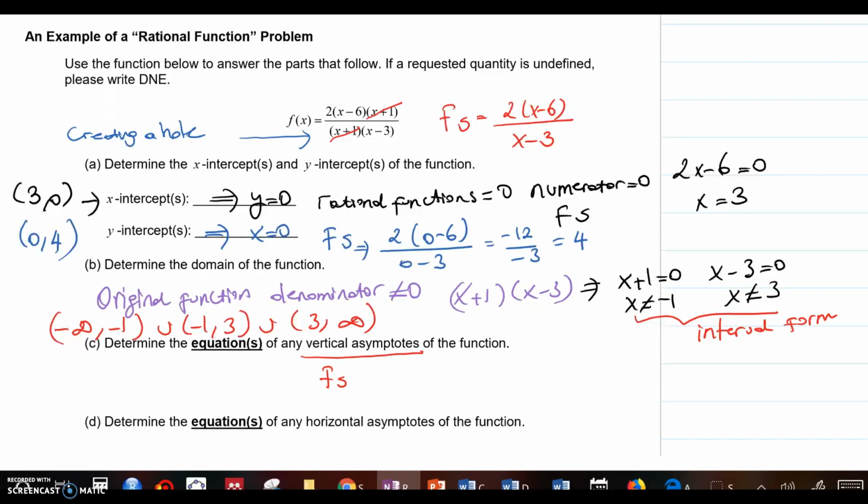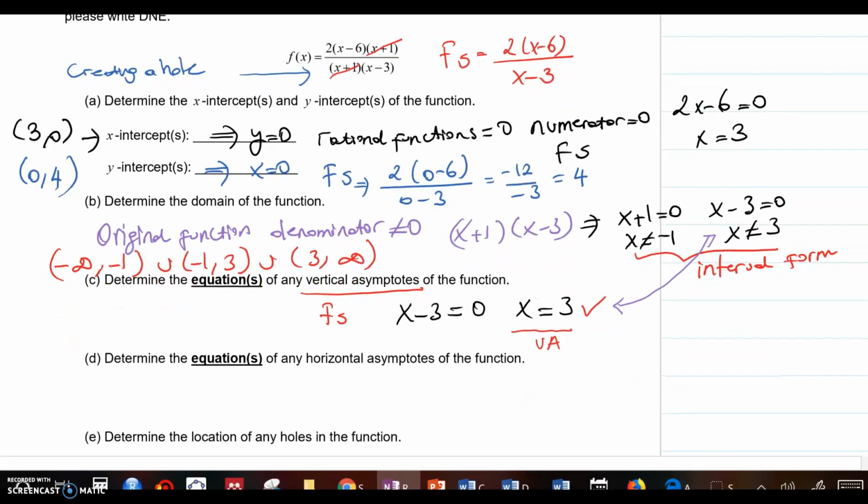So we're just going to look at the simplified version. What do we see there? x minus 3. Then the vertical asymptote is x equals 3. Note the relationship between the vertical asymptote and the domain here. Okay, so that's the VA.